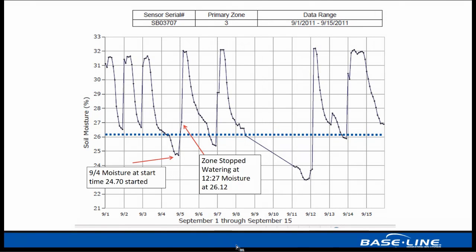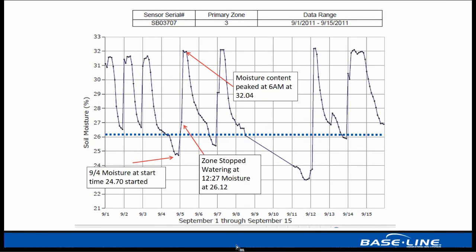So we had seen an increase in the moisture content, but the moisture content did not peak until 6 a.m. at 32.04%. So it took essentially 5.5 hours for that irrigation application to infiltrate into that soil profile 3 inches to where that sensor was able to effectively see that application of water.